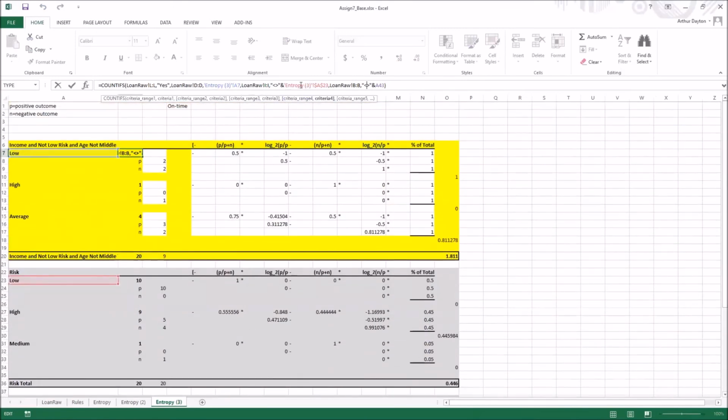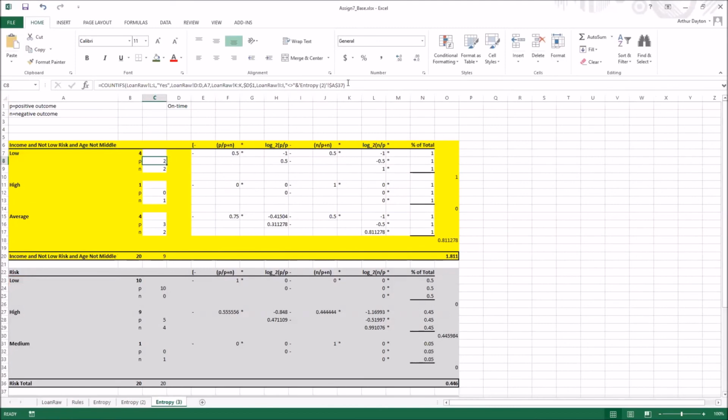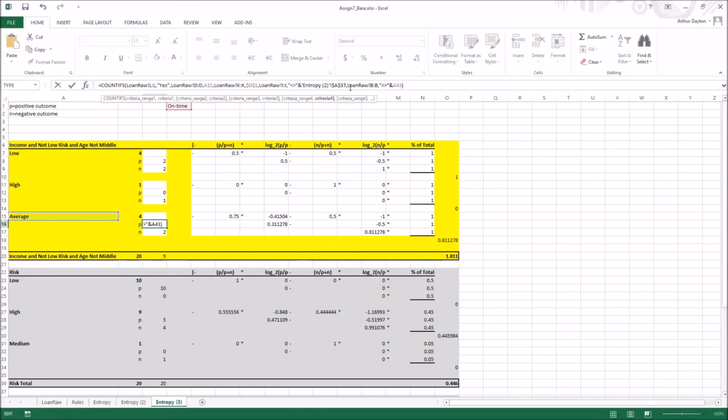So we are excluding our second rule with this criterion here. So I'm just going to go ahead and copy that, and we will paste that into our other calculations to make sure we are doing them correctly. We will do the same down here. And then finally, we will correct our positive and negative calculation here.